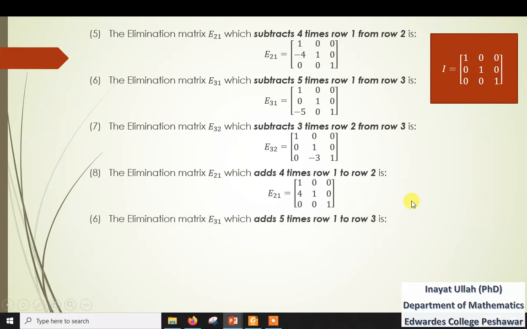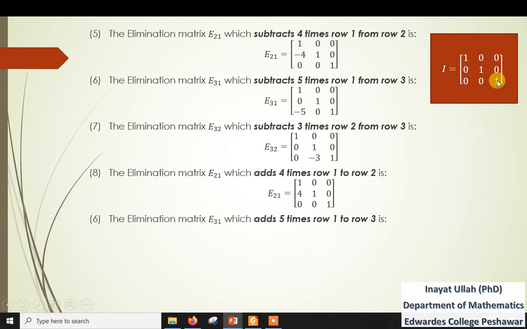Similarly, the elimination matrix E31, which adds 5 times row 1 to row 3. It means that changes will occur in row 3, and we are dealing with row 3 and row 1.